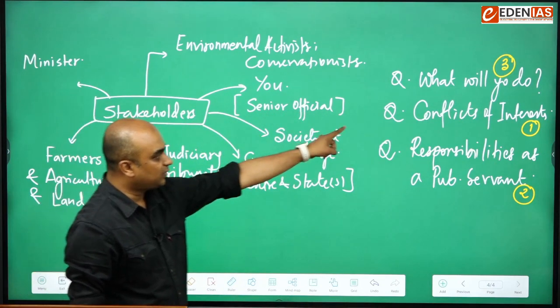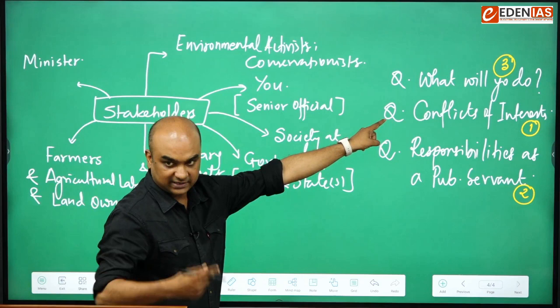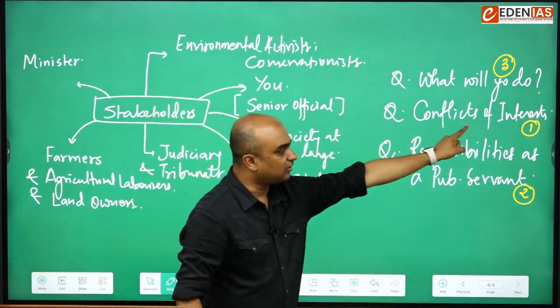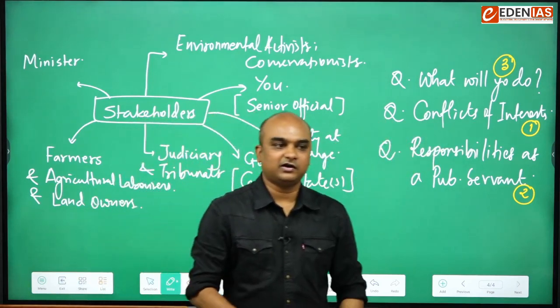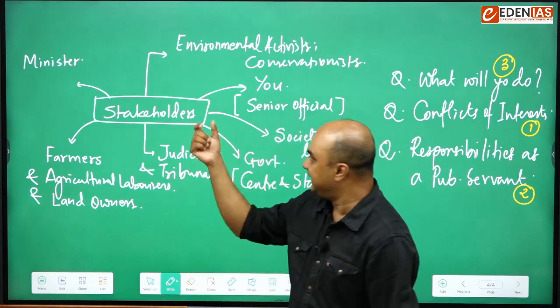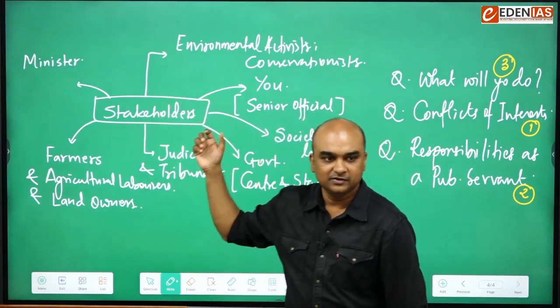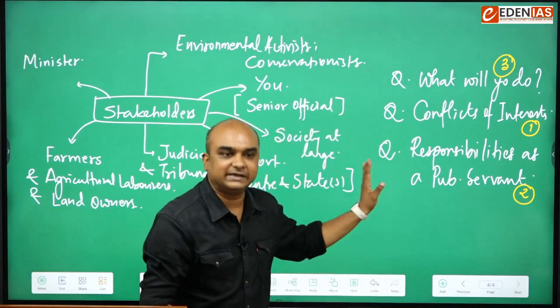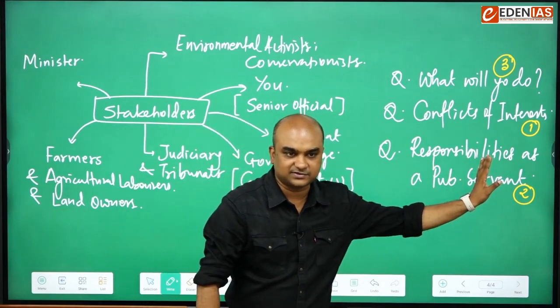So let's start with the first question, as we have identified for ourselves, the conflicts of interest. For identifying the conflicts of interest, we have to understand the interests of the stakeholders. But here, due to paucity of time, I am directly highlighting the conflict of interests. Okay.